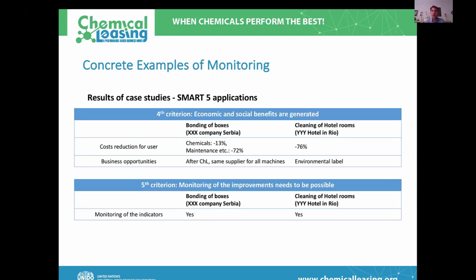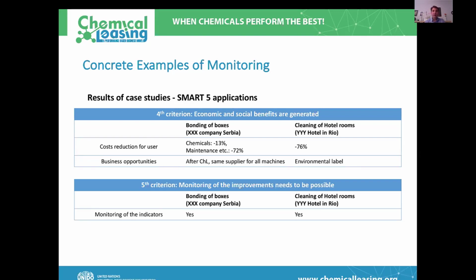The costs in Rio, for example, were reduced just by switching from selling a quantity of chemicals to buying a service. The hotel in Rio de Janeiro reduced the cost of chemicals by 76%. And in the bonding of boxes, because we are now using a better, less toxic, better performing chemical, maintenance costs are down 72%.